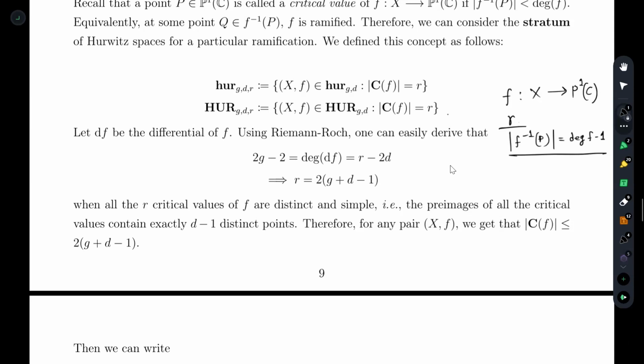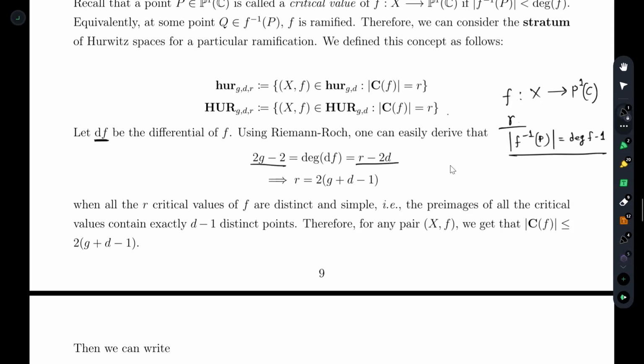So for such a function, it can be deduced from the Riemann-Roch theorem that if df is the differential of that map, then the degree of the differential is equal to 2g minus 2, which is also equal to r minus 2d, where d is the degree of the map f and r is the number of critical values of f.